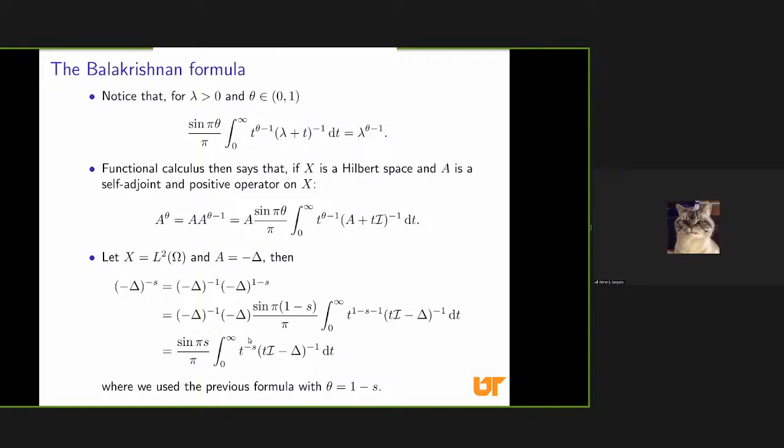It's complicated, I know, but the point is that the fractional Laplacian to the power minus s can be represented by this, where we only see shifts again of the Laplacian, t times the identity plus the Laplacian, inverted. So the approach now is going to be very similar to what Luca was doing.